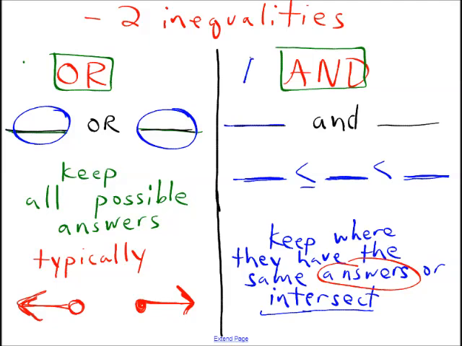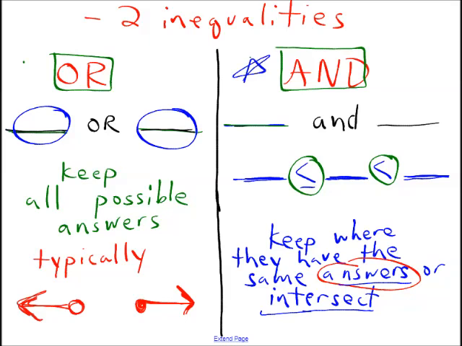Now an and statement, going over here, we keep only where they have the same answers or intersect. An and statement might be an inequality with the word and in between and another inequality, or they'll actually have two inequality symbols in the same problem.